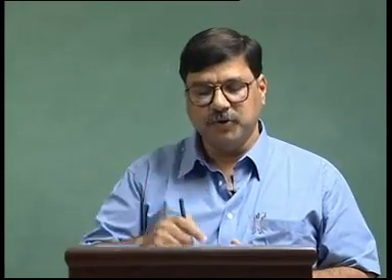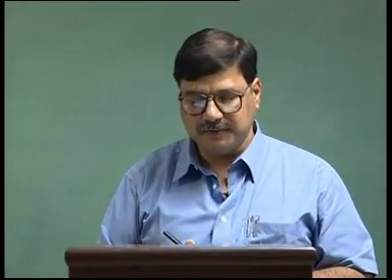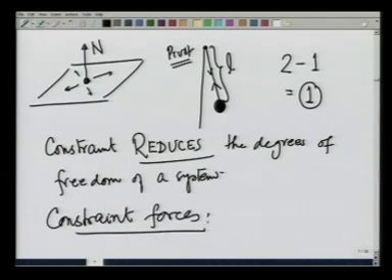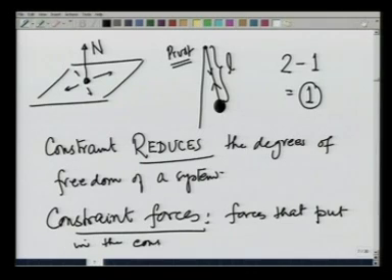That normal reaction doesn't let the particle fall below and move in the direction perpendicular to the surface. So these are known as constraint forces. These are forces that put in the constraint on the motion.